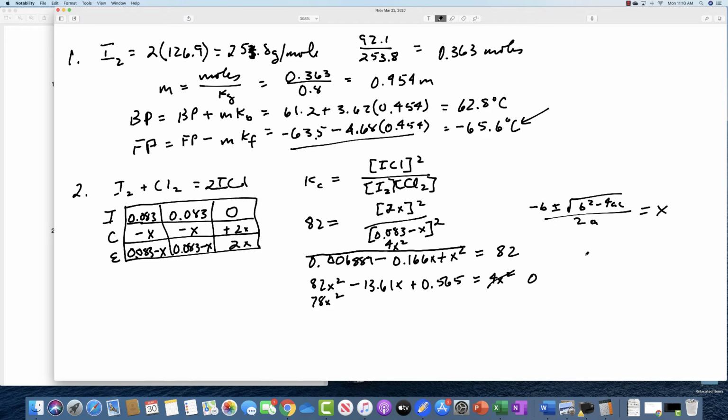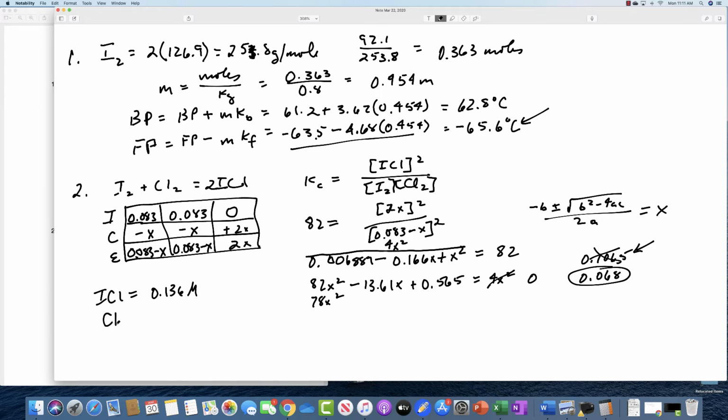One is 0.1065, and the other one is 0.068. And this number is greater than the number you started with, so it can't be right. So this is the right answer right here for x. And if we put that in for x, that means the concentration of ICl, which is 2 times that, is 0.136 molar.